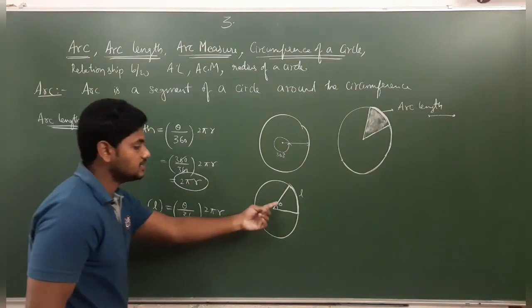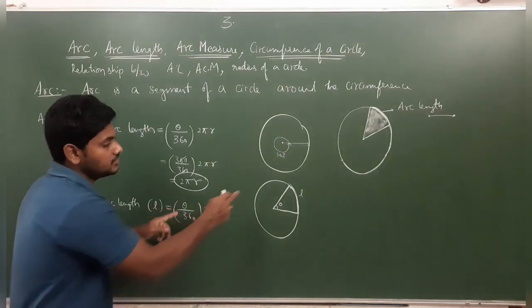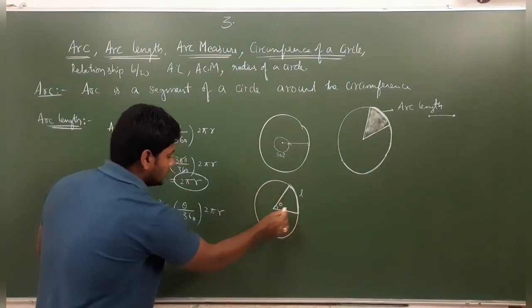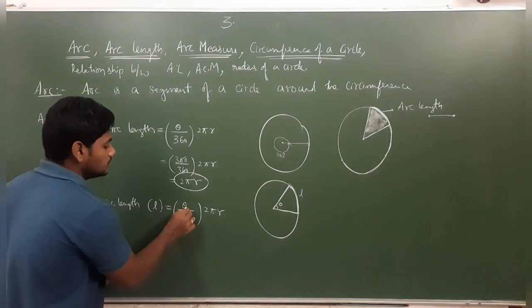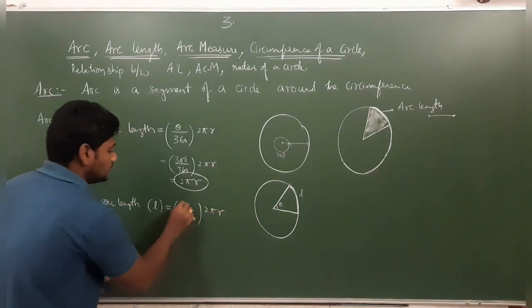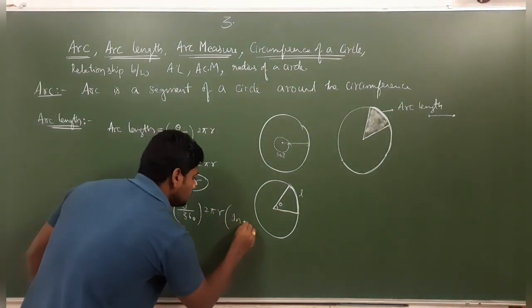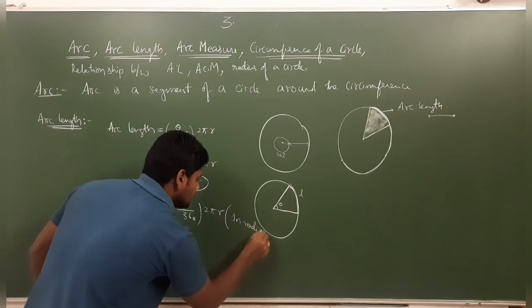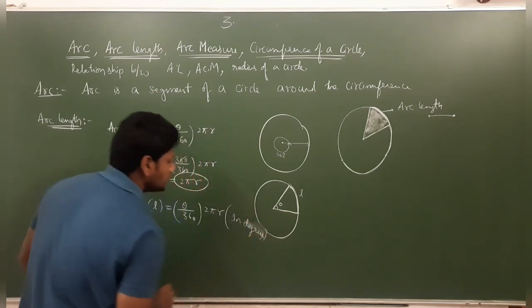If that theta value is 60 degrees, it is 60 by 360 into 2 pi r. If theta is 90, it is 90 by 360 into 2 pi r. Like that, based on theta, the length of that arc may change. So this is theta by 360 into 2 pi r, in terms of degrees.